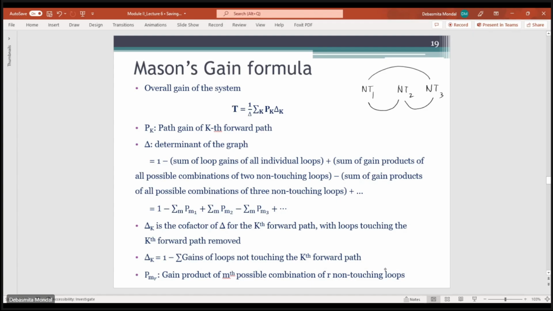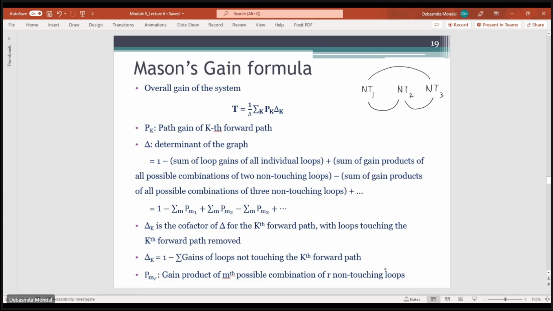So the sum of the gain products of all the possible combinations of 2 non-touching loops, minus the sum of the gain products of all possible combinations of 3 non-touching loops, and so on and so forth. In general, usually only up to 2 non-touching loops are present in the systems. But if you are given a system which has 3 non-touching loops, then you have to include this term also.